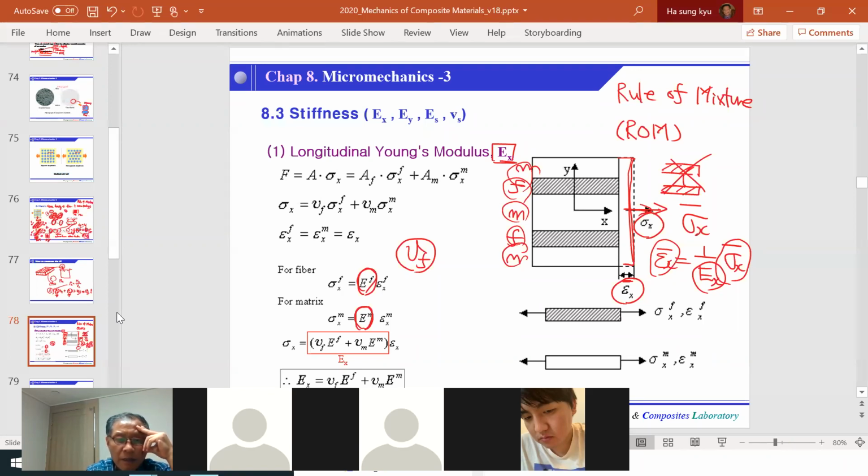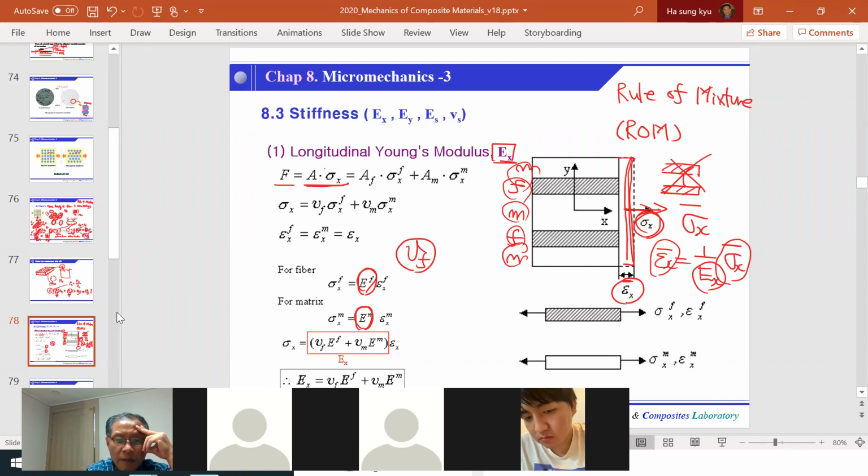Okay, now the force we apply: sigma bar multiplied by the total cross section will be the force we apply, right? A times sigma x.